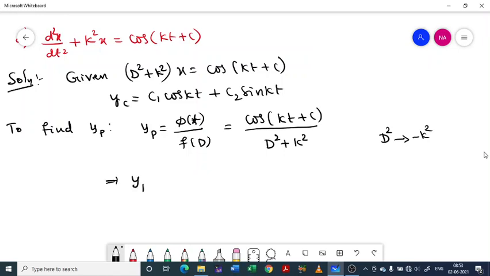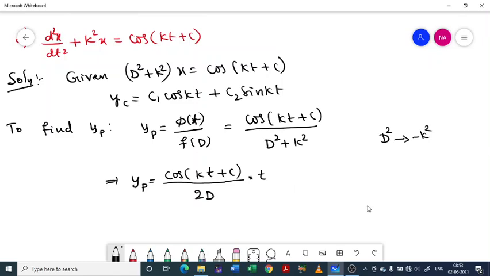So yp will be cos of kt plus c divided by 2d into the independent variable t.